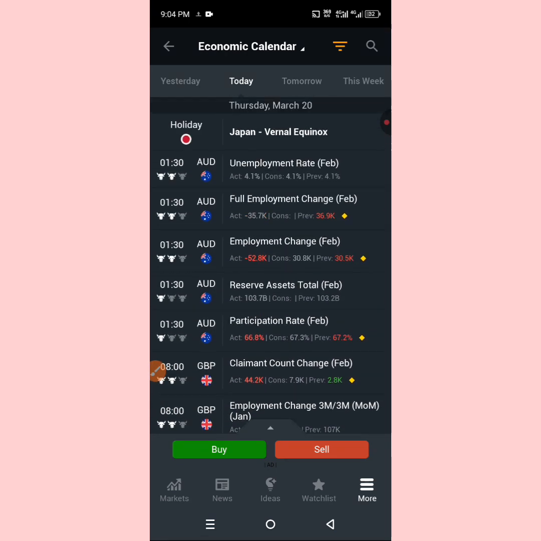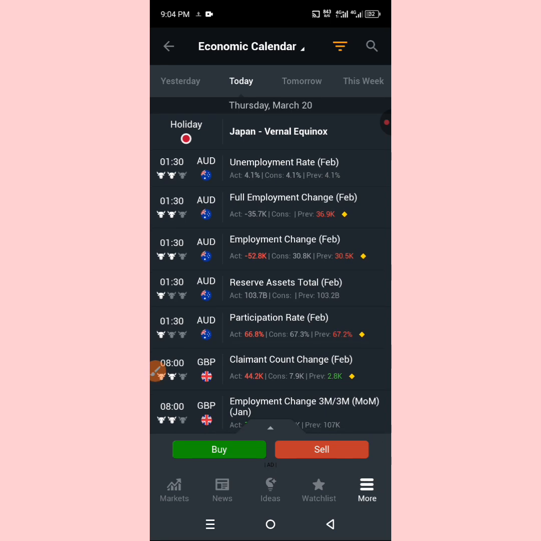What this represents is that the ones that have two bulls are medium impact. That is news that may likely move the market well, but will not move it well. You don't want to trade everything, because not every news is a high impact news that you can use to trade and make money in the market.